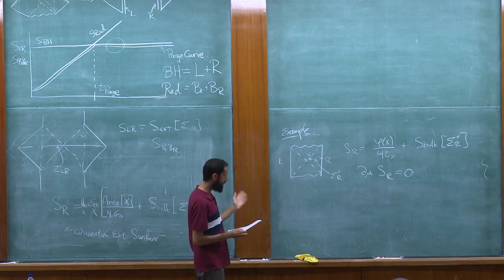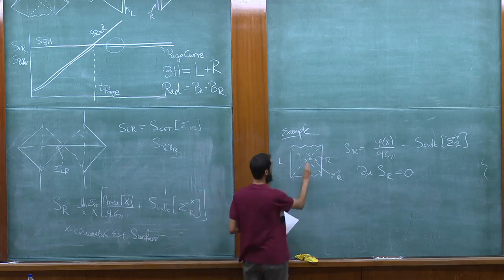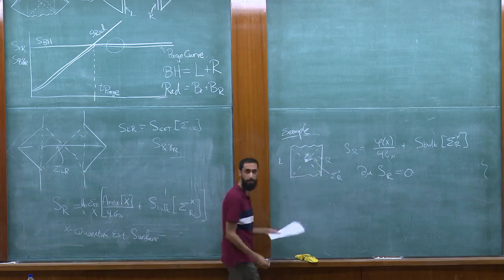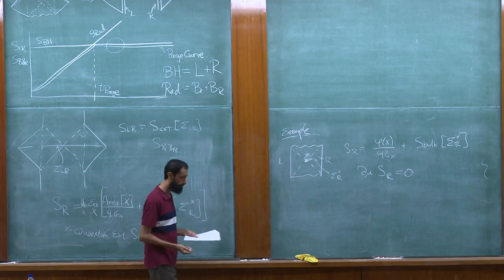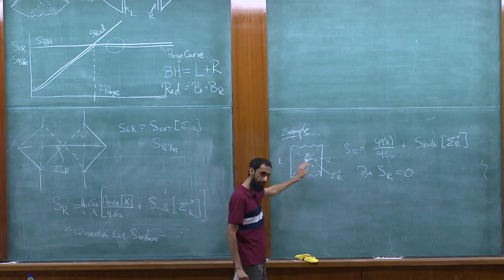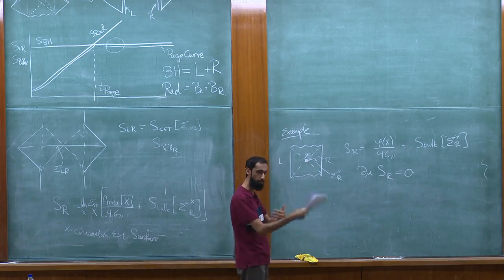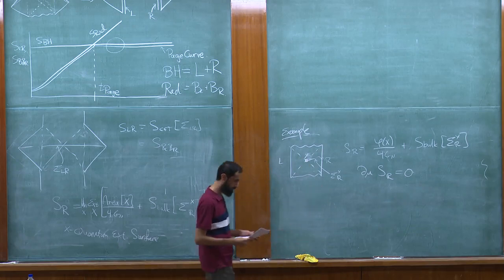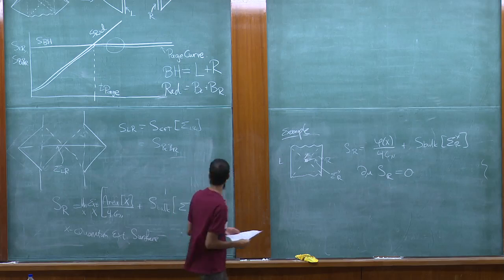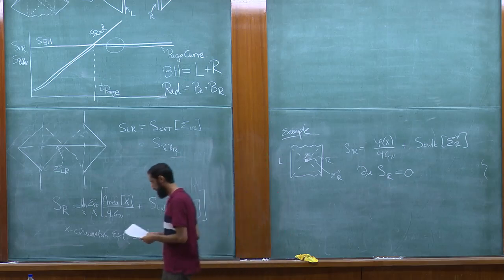If you apply it in the eternal black hole, you find that x lands on the bifurcated horizon, as you expect. In the thermofield double state, the eternal black hole, it lands on the bifurcated horizon essentially because of the symmetry of the problem. Okay, but now we want to apply this for our case here.